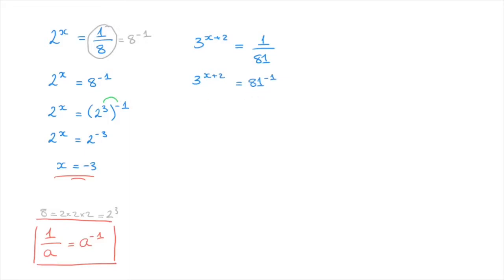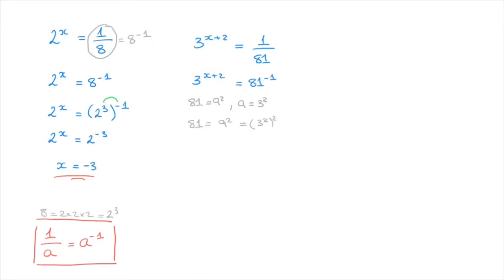Now that that's done, we solve this exponential equation. And for that, let's go ahead and try to rewrite this base 81 as a power of the smaller base 3. Well, let's see. We know that 81 equals 9 squared, and we also know that 9 equals 3 squared. So combining these two results, we can say that 81 equals 9 squared, which equals 3 squared, squared.